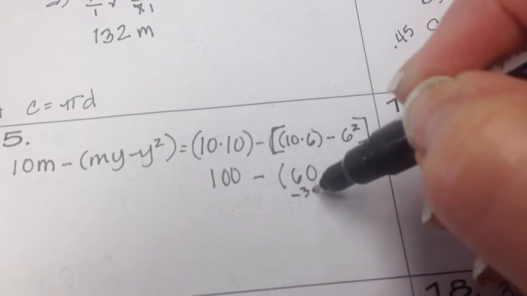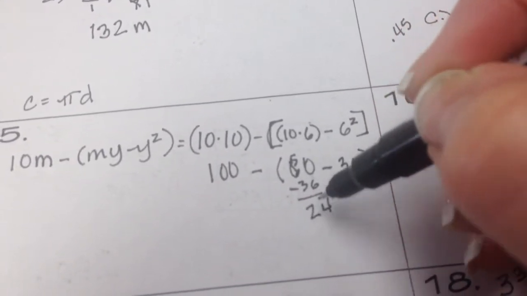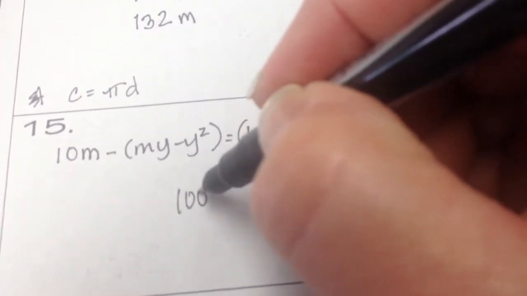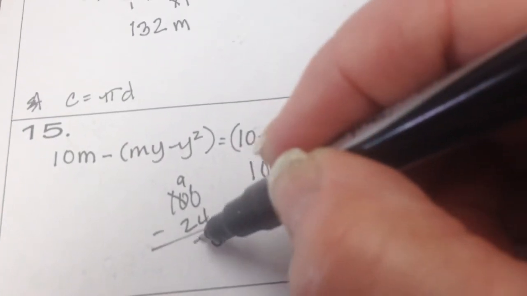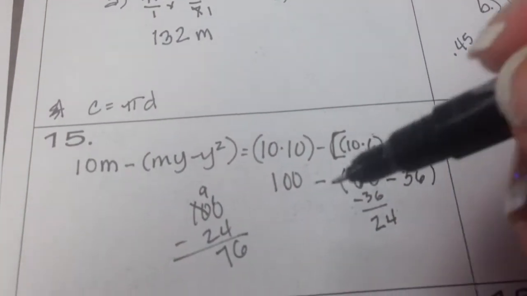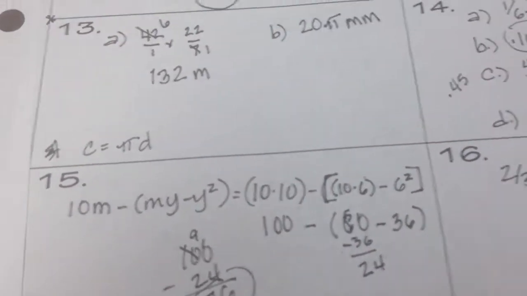So now I have 100 minus 24, and that is going to be 76. All right, so that would be my answer for that one, 76.